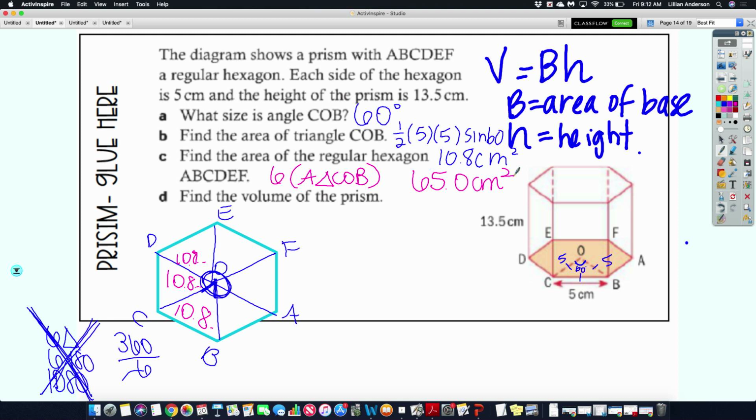Now we can find the volume of the prism. Volume of the prism is nothing but the area of the base times the height. Well, we know the area of the base, don't we? So all we have to do is take the answer from part C, and do what? Multiply by 13.5. The non-rounded answer, preferably.